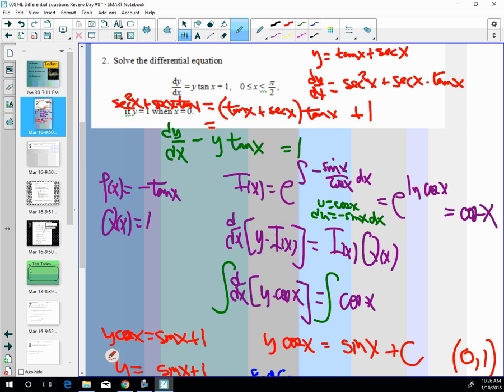Okay, and what's this? Tangent squared plus 1 plus secant tangent. What is tangent squared x plus 1? What's this? It works.